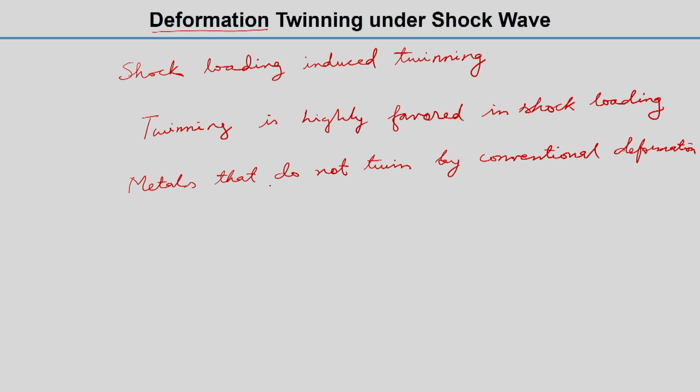So the metals that do not twin by conventional deformation at ambient temperature, that means at room temperature, can be made to twin under shock loading.